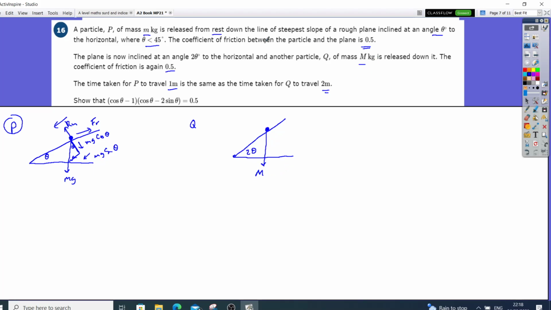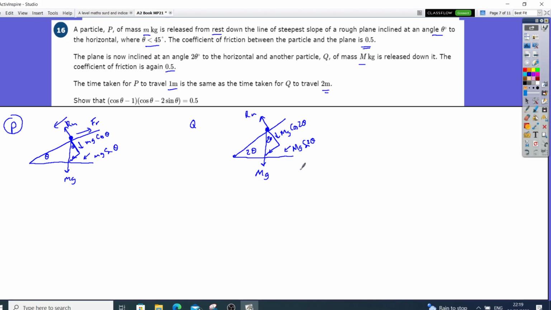That's a capital M. I don't know whether that's supposed to be the same, but we'll leave that be at the moment. So that's going to be mg. Making that slope 2 theta, coming down parallel it's going to be mg sine 2 theta. That's again going to be the reaction, Rn, coming down this way, going to be mg cos 2 theta. I should have written 2 theta there, my bad, because that angle is 2 theta.